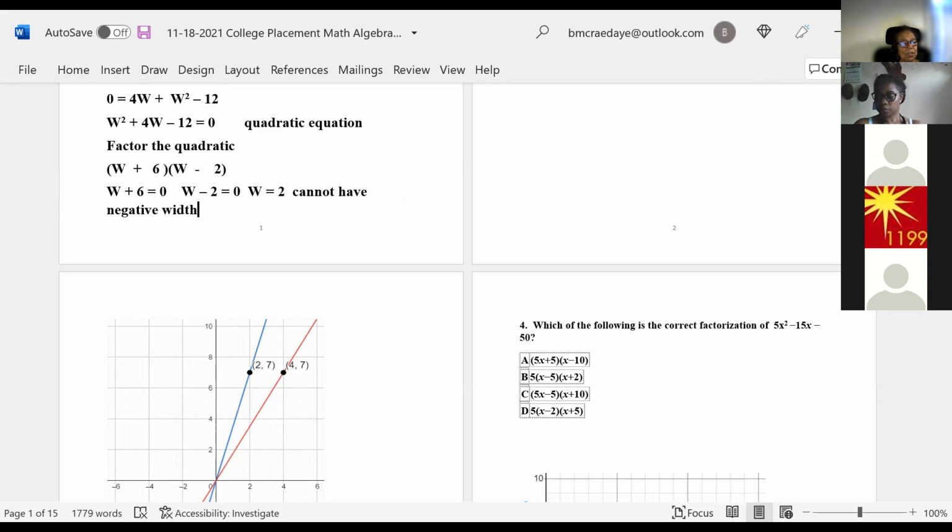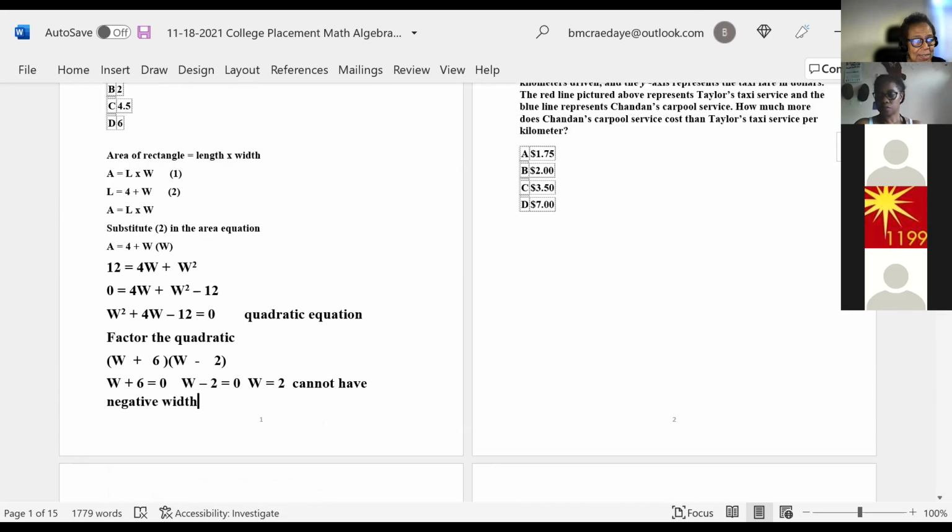So if the width is 2, what is the length? What do we say about the length? Length is 4 plus the width, right? I'll just put this in. So length is equal to 4 plus the width.